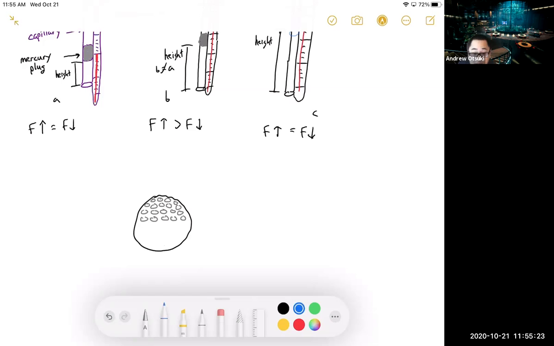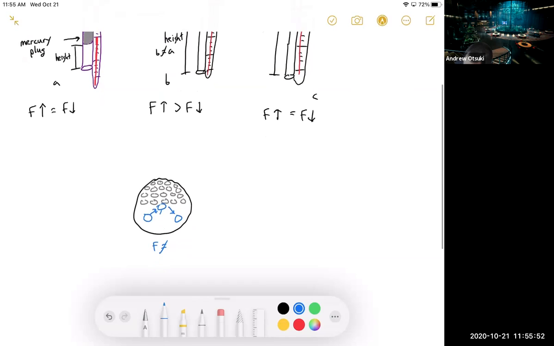And what's going to happen is that some gas particles, labeled as blue, are going to collide, hit the surface of the plug and be reflected backwards. And we're going to say that at the bottom here, the forces are not equal to the force acting above it.